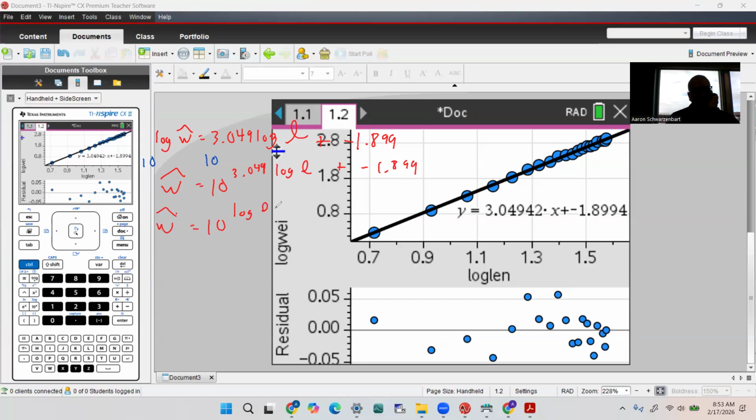That's 10 to the log L to the power of 3.049 times 10 to the negative 1.899.